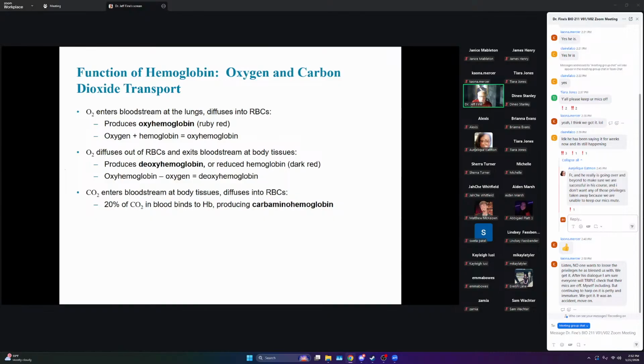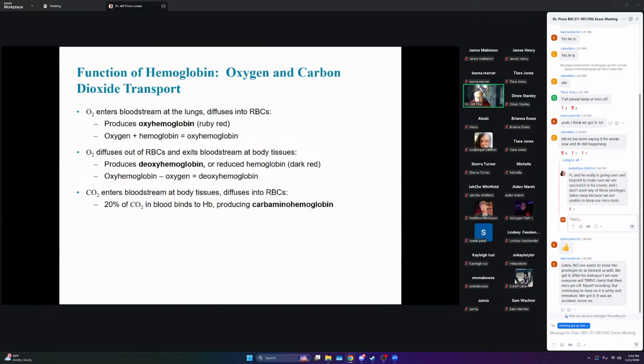Out at the cellular level, when the oxygen exits off of the red blood cell into the tissue, it becomes deoxygenated. So now its terminology changes to deoxyhemoglobin and takes on that darker red shade that I mentioned earlier.